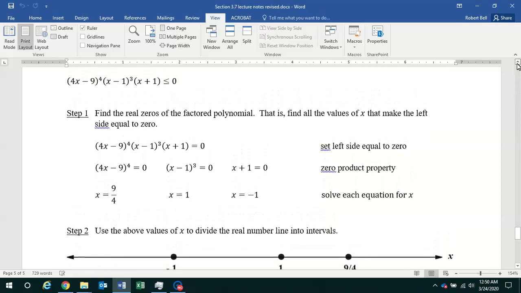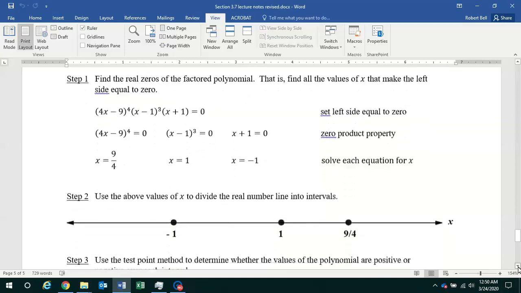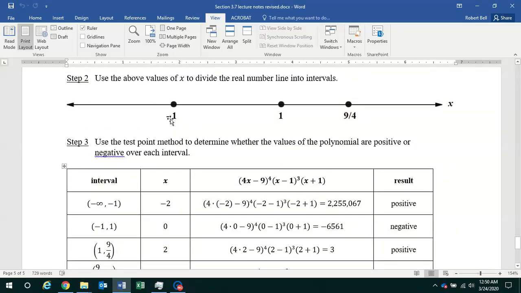These three numbers make the left-hand side up here equal to 0. And in our solution set, we're including the values of x that make the left-hand side equal to 0, not just less than 0.